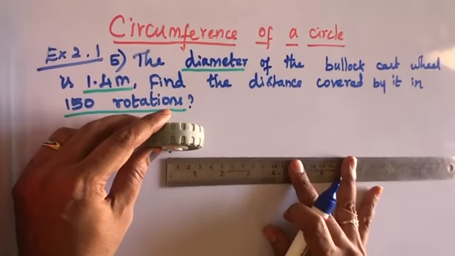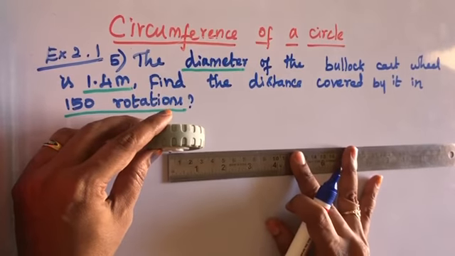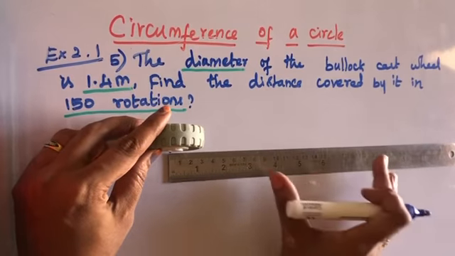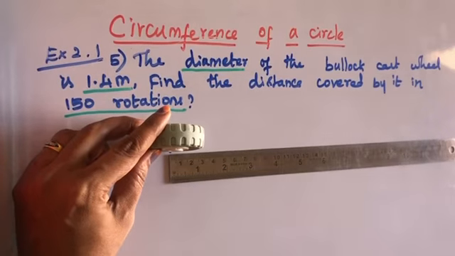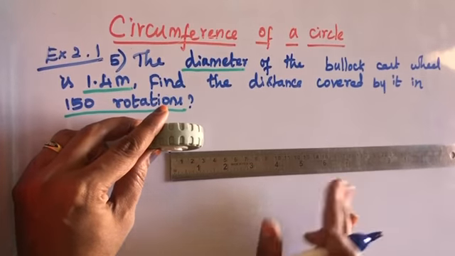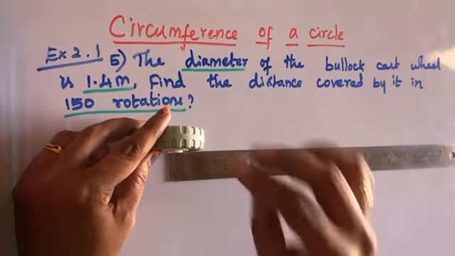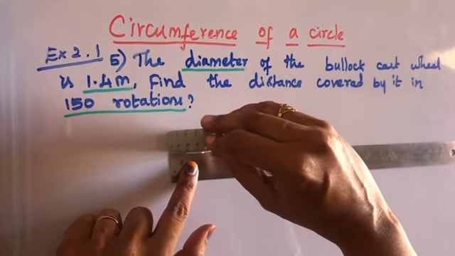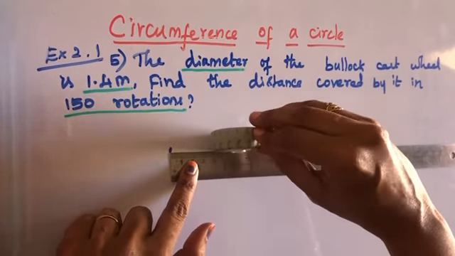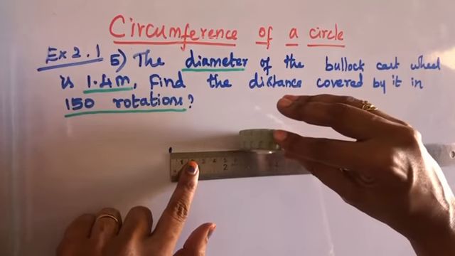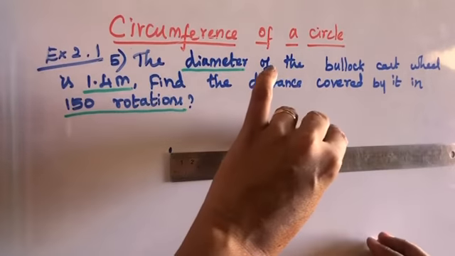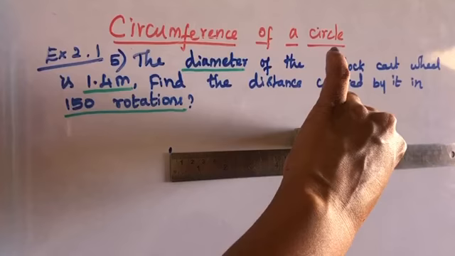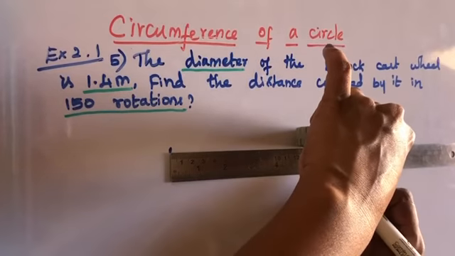For one rotation, I want to know how much distance this wheel covered. So I'll start with this, and then I am going to rotate the wheel. Here I am having a point, right?